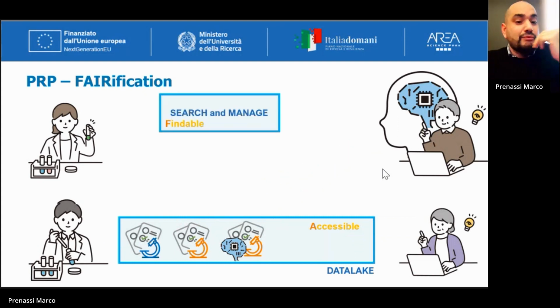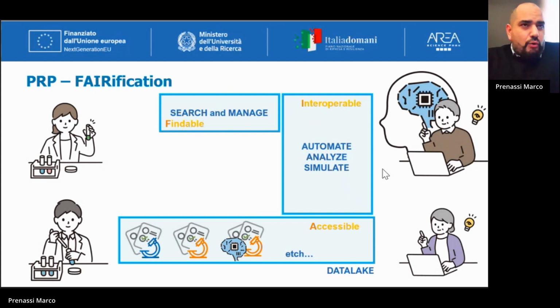Second thing, we have to find our data. And we are using, and we will see it later, a system used for material science that we are really looking forward to because it's useful also for our use case.